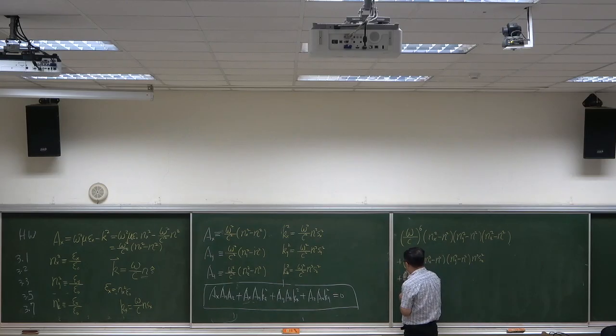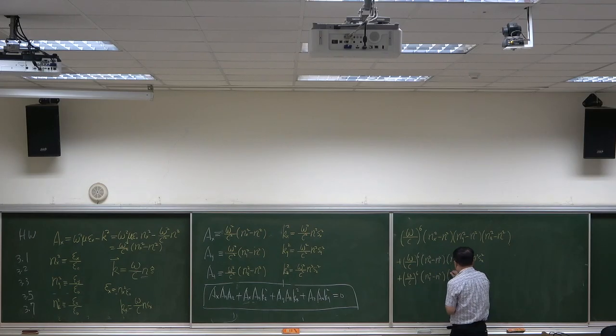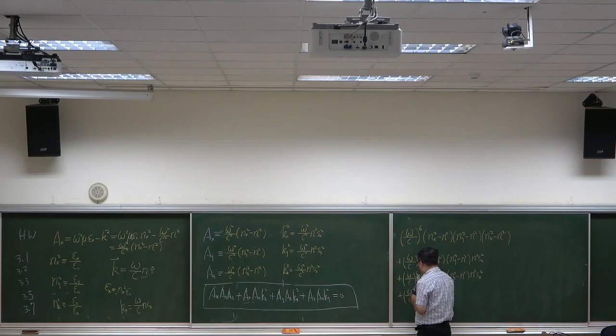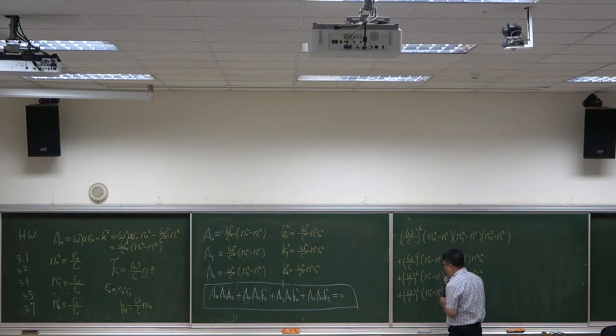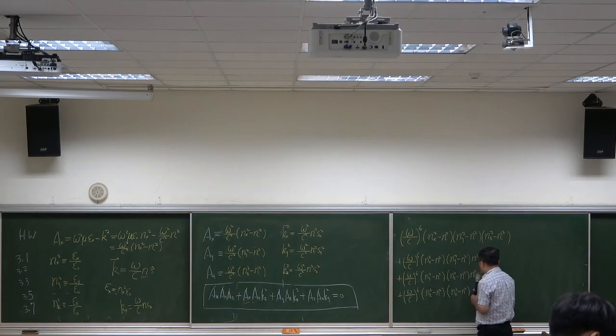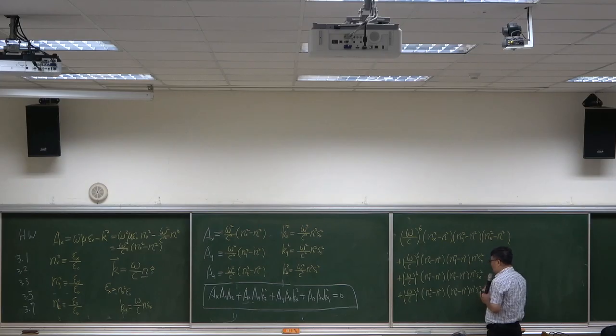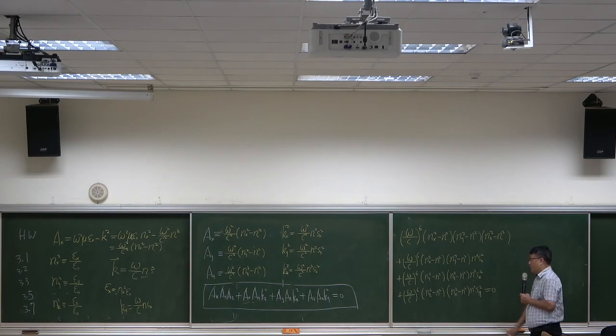Plus ny squared minus n squared, nz squared minus n squared, sx squared. And plus nz squared minus n squared, nx squared minus n squared times n squared sy squared equal to 0.